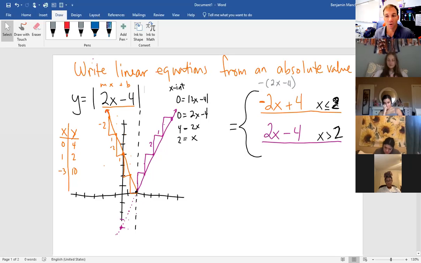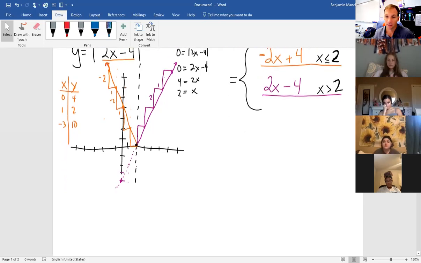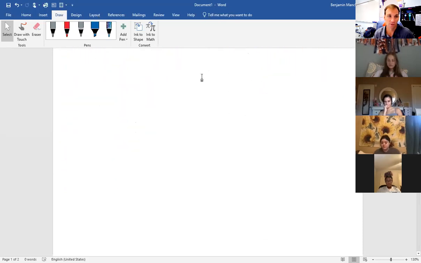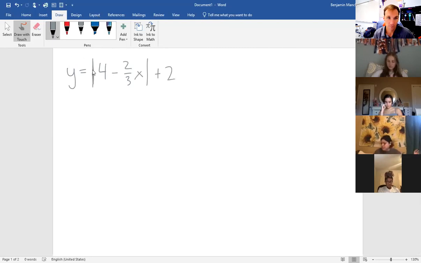Now that's only good if we have just straight up absolute value. The other example on your notes said y equals 4 minus 2/3 x plus 2.